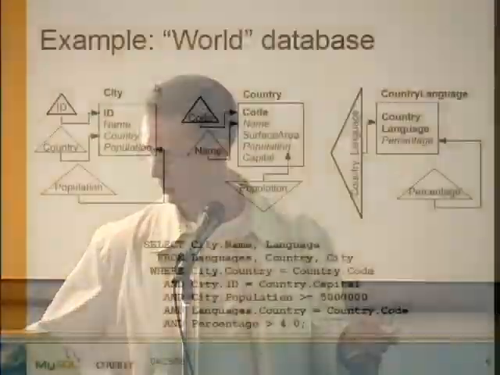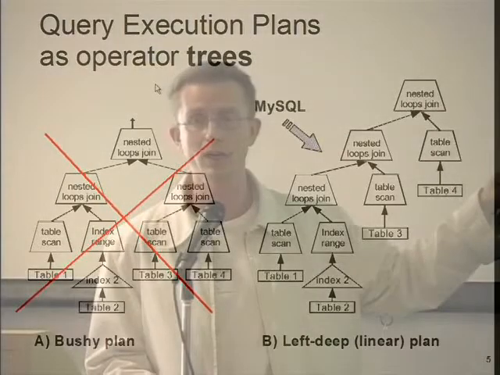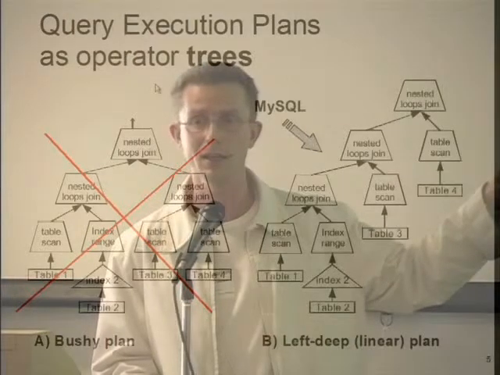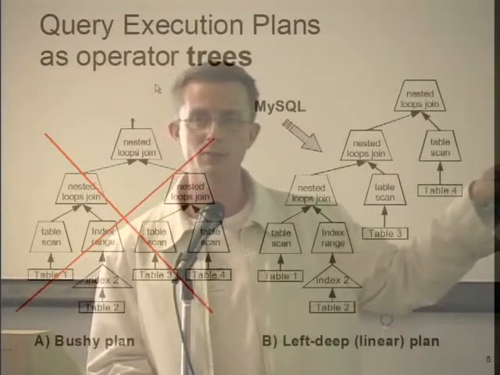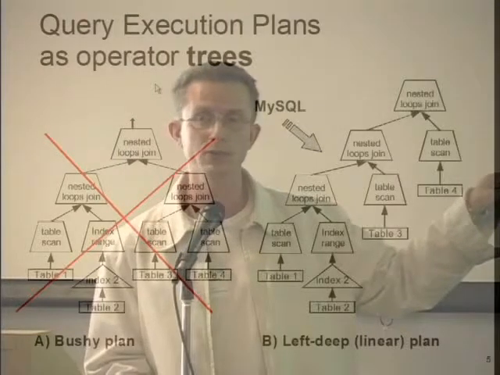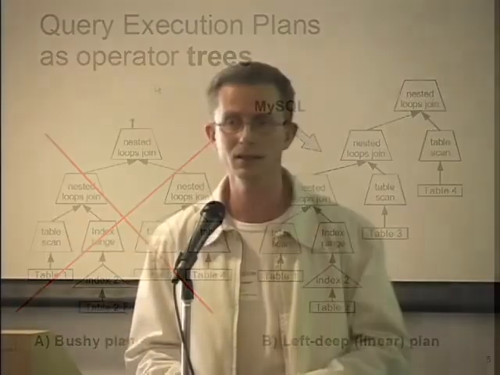Bushy plans are most useful if you can explore parallelism and compute each of these two joins in parallel, then it makes sense to explore this space. But if you cannot do that, then it doesn't make sense, because the space for all possible plans becomes much bigger, and the potential to get a better plan is not very big. I mean, in simple terms, right?